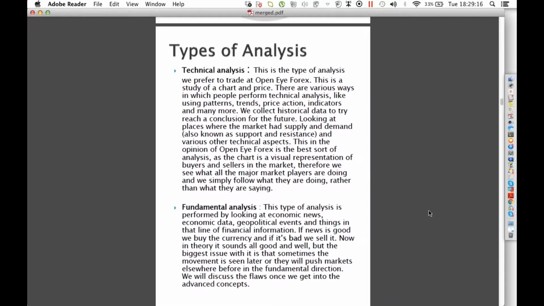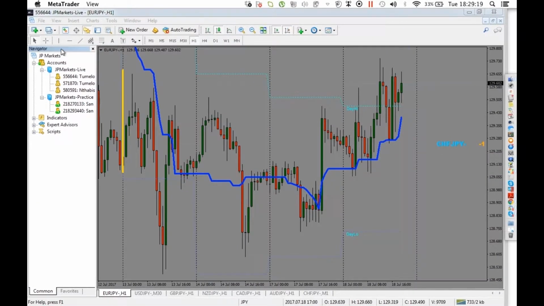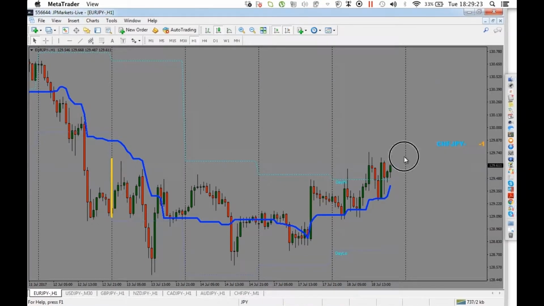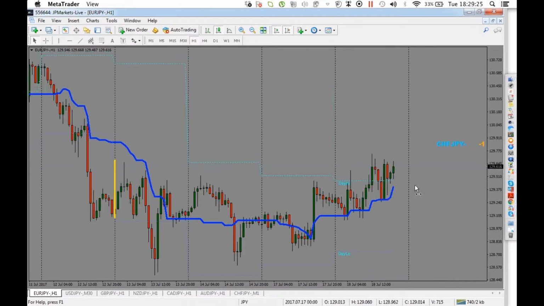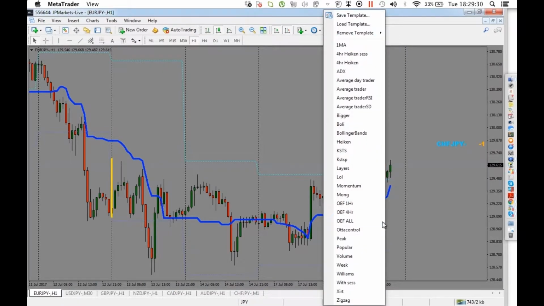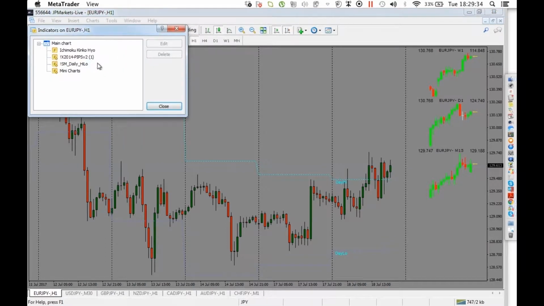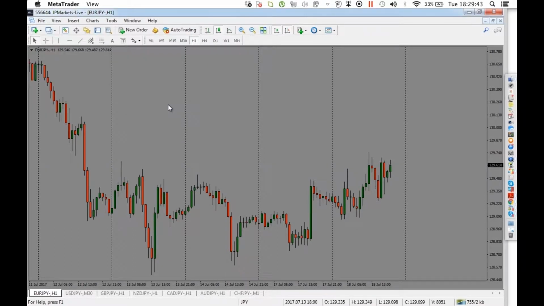So this is the situation where we'll come to our MetaTrader platform and just perform analysis. We'll look at what's going on. Let me just clear this chart up because we'll be using it. So you do technical analysis, you look at what is going on here.